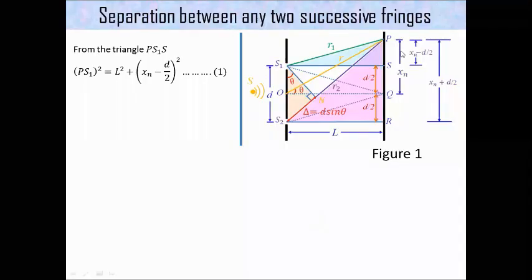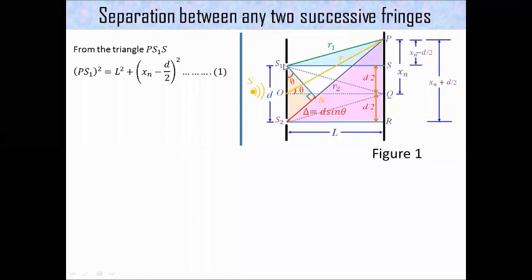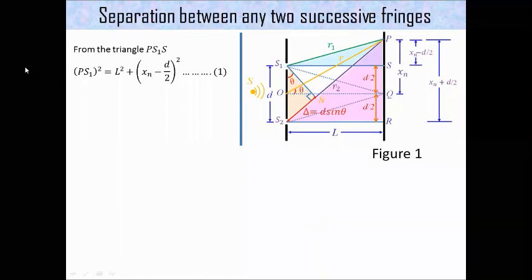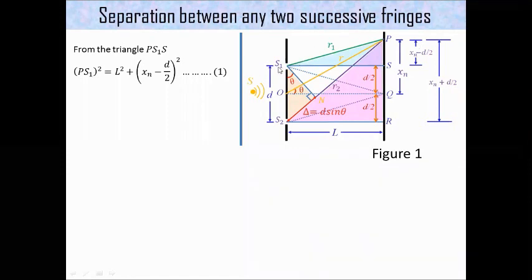From the triangle PS1S, one can write PS1 square equal to L square plus xn minus d divided by 2 whole square, since S1S equal to L and PS equal to xn minus d divided by 2.